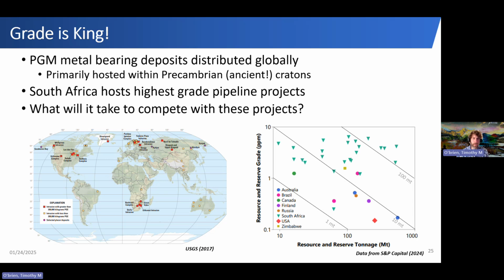What we have here on the right is a resource tonnage chart in which we have resource and reserve tonnage on the bottom and resource reserve grade on the y-axis. If you look specifically at the green triangles, those are the projects that come from South Africa. And what we see here is that pretty much all of them are the highest grade that we have. So what is it going to take for these projects down here to compete with those up here?